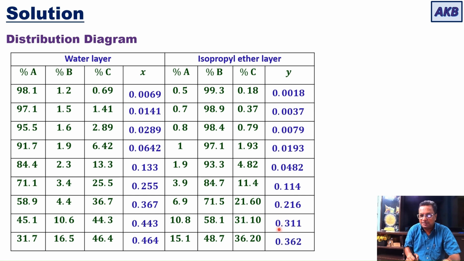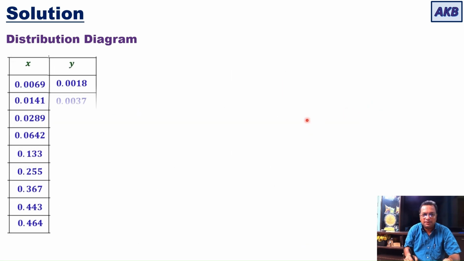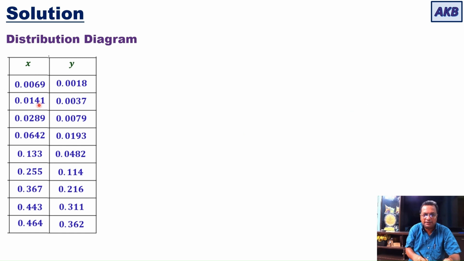Now the task is we have to plot x versus y on a rectangular plot. The resulting diagram will be the distribution diagram, and the curve obtained will be the distribution curve. So let us plot the curve. I have collected all x values and all y values.